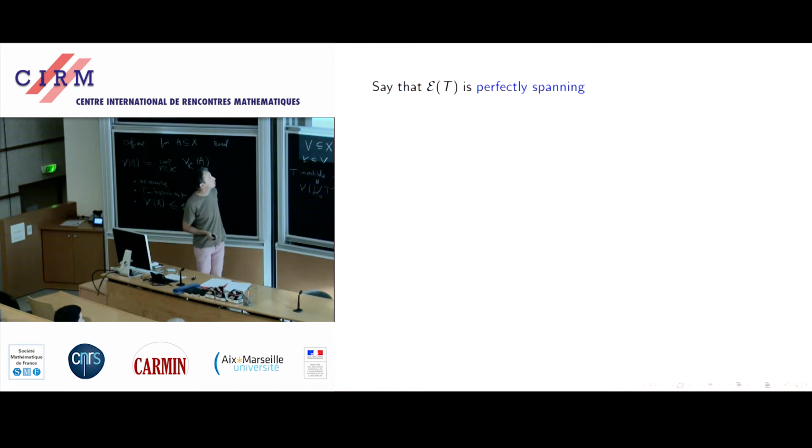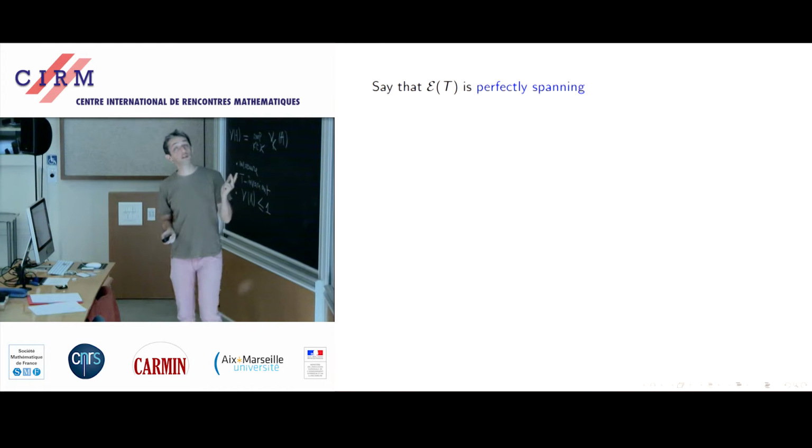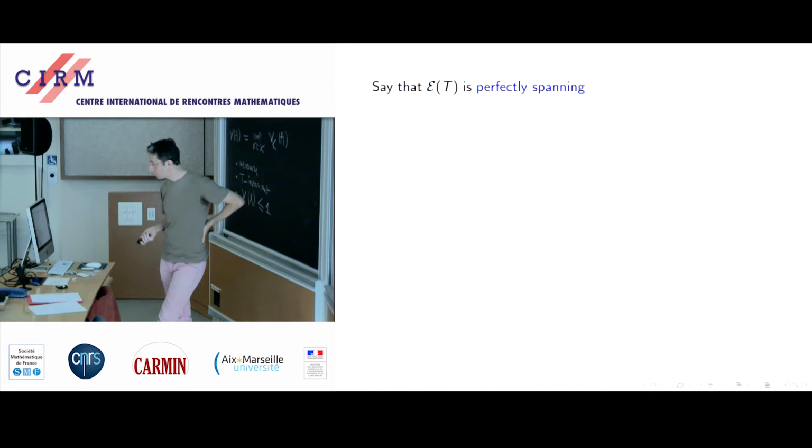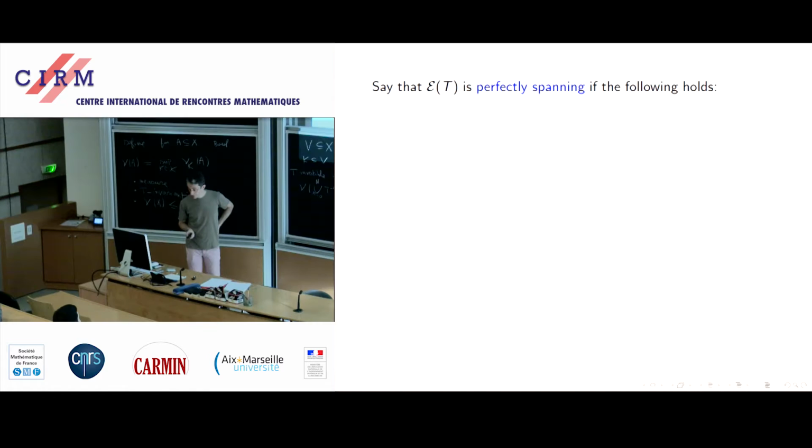First, a definition. So you will say that E of T is perfectly spanning. This is what Quentin told us about on Monday, but okay. Anyway, I talk a little bit about this now also. So if the following holds.